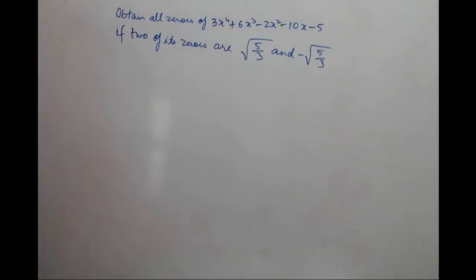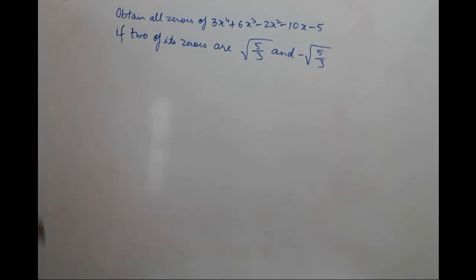In this case the highest degree is 4, that means there should be 4 zeros in total. 2 are given, we need to find out 2 more. So let us see in this video how we find the other 2 zeros.